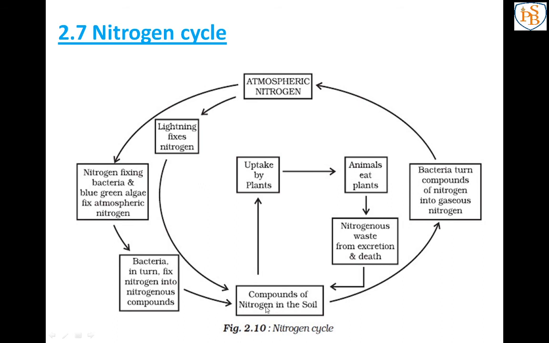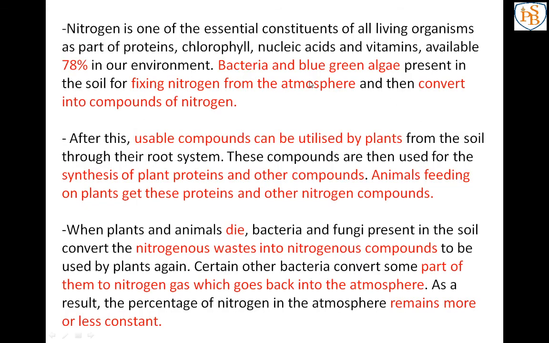This nitrogenous compound present in the soil is taken by the plant, then these plants are eaten by animals. When the animals die, this nitrogenous waste is again mixed through excretion in the soil, and this nitrogenous compound is again converted into gaseous nitrogen by the bacteria and mixed in the atmosphere. So again and again our cycle is going on. Here I have explained this nitrogen cycle point wise.